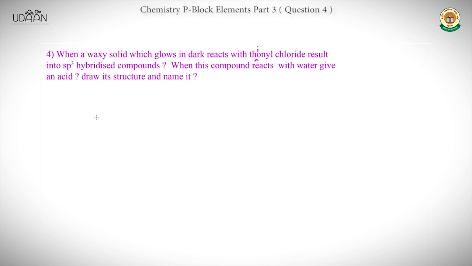Firstly, let's plot this problem. When this waxy solid reacts with thionyl chloride, you should know what thionyl chloride is. It is basically SOCl2, also called thionyl chloride, and it is given in the question that it results into an sp3 hybridized compound.